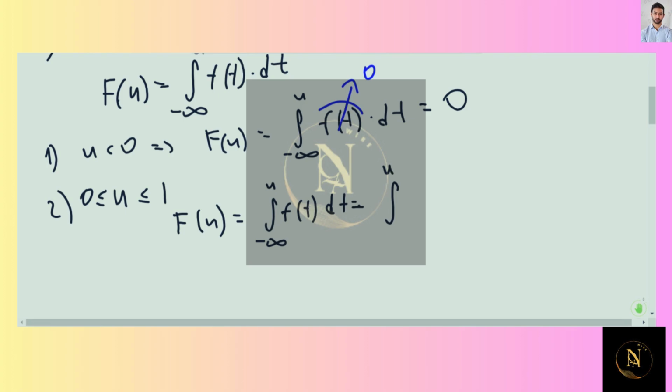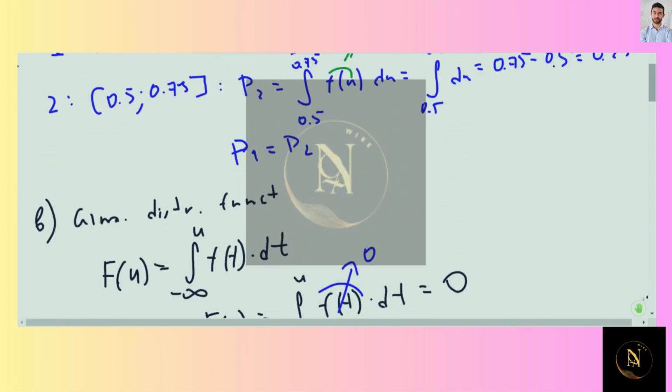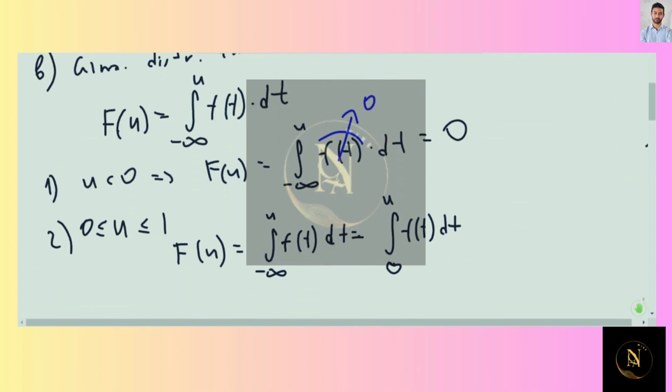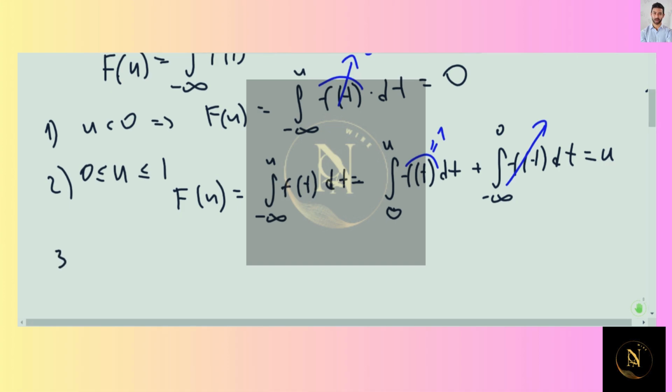The first is the integral from 0 to u of the probability density function, plus the integral from minus infinity to 0 of the same function. The second term equals 0, and again, this function equals 1. Therefore, the first term equals u.